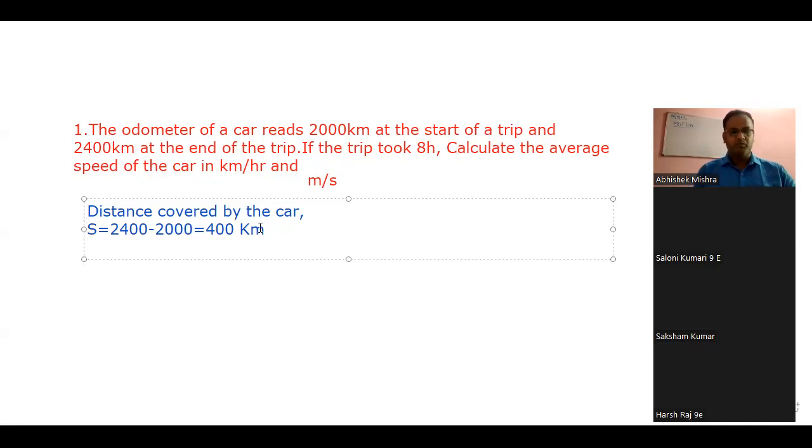Now you see what is the time elapsed. What is the time elapsed, students, to cover this journey, or we can say to cover this trip? Yes, correct.